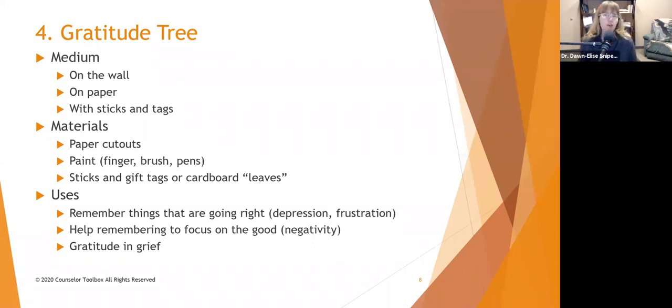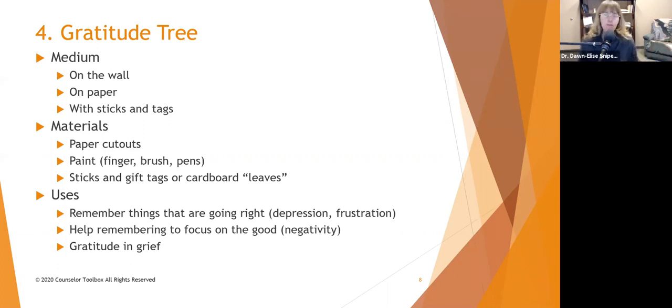The uses of the gratitude tree are pretty straightforward. You want to help people remember things that are going right. Most of us don't have everything going right all the time. However, we rarely have everything going wrong all the time. When things are going wrong in one area of our life, it's helpful to have reminders of the things that are going right in the other areas.